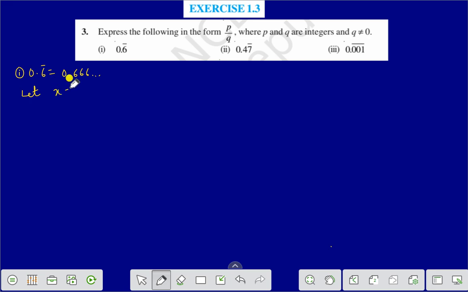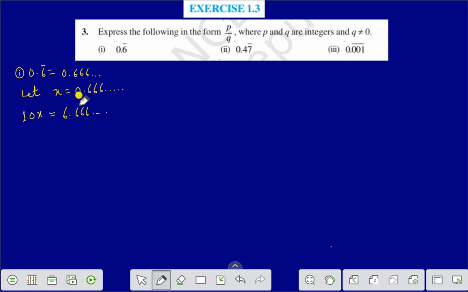Now let x is equal to 0.666, it is repeating. Now multiplying both the numbers by 10, we are getting 10x is equal to 6.666 dot dot dot.